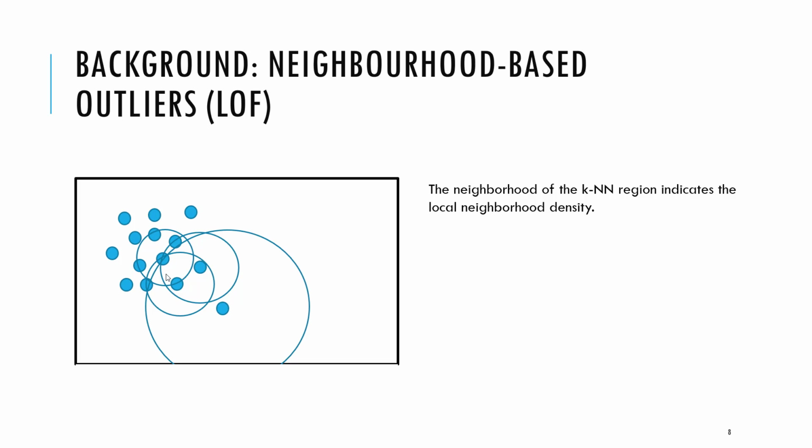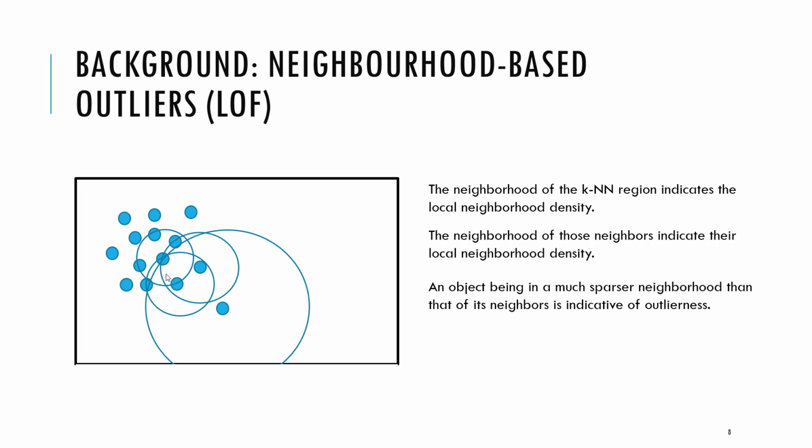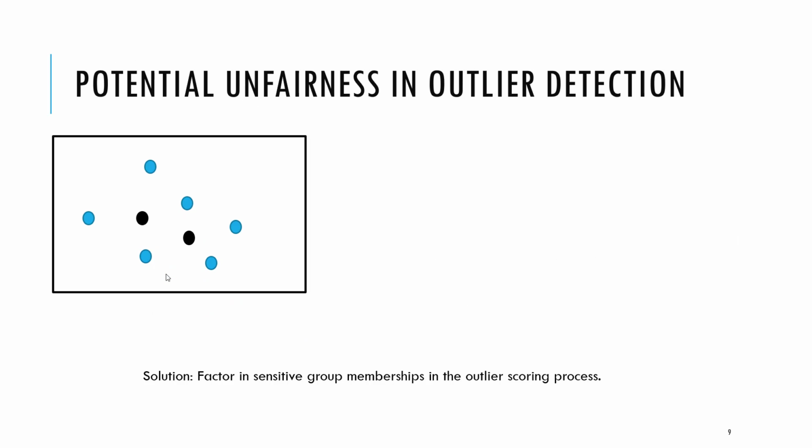Okay, and as you can see, these circles are much smaller than the circle that we drew earlier. So what does this mean? This means that the neighborhood of those neighbors is much more dense than the neighborhood of the object in question. The object is in a much sparser neighborhood than that of its neighbors, and that is indicative of this object being an outlier.